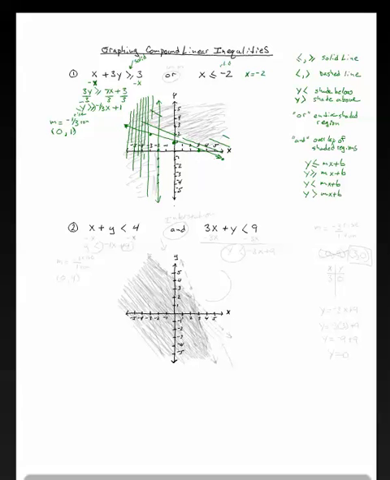Alright, so I've got my two regions shaded, and this is an OR compound linear inequality, which means union, which means I want the entire shaded region. So I might as well go through at this point and shade a little bit darker on the entire shaded region. That means I want everything that was shaded from the first inequality or the second.